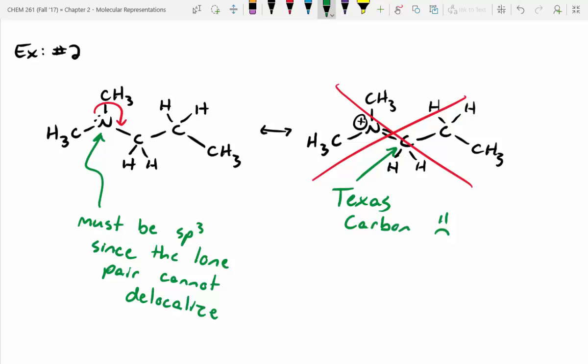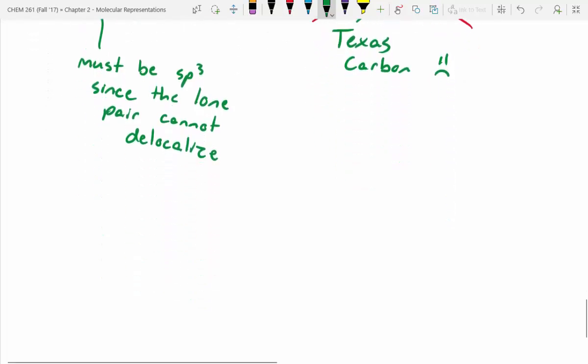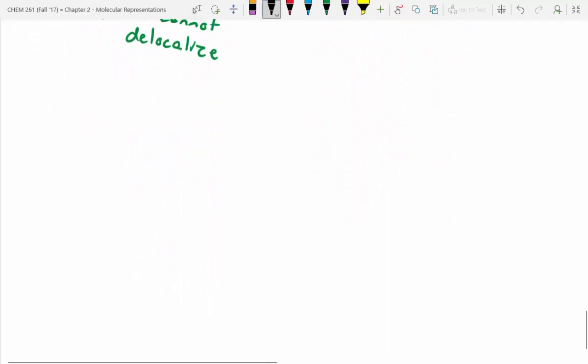All right, so now what we've got to do is assess the relative priority of various resonance structures. Like I said, not all resonance structures are equal. Sometimes they are, and if they are, they're referred to as degenerate, but occasionally one's way more important than the other. So let's go back and talk about that.